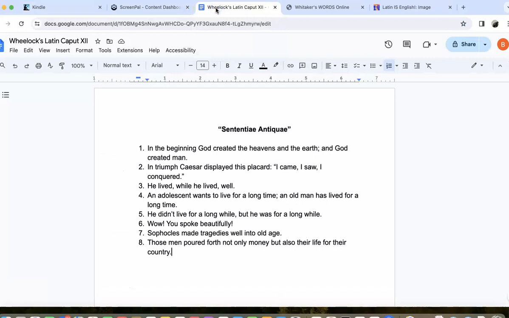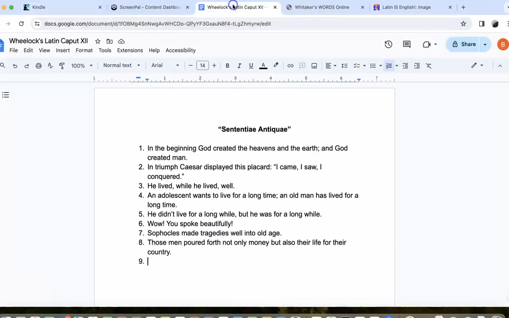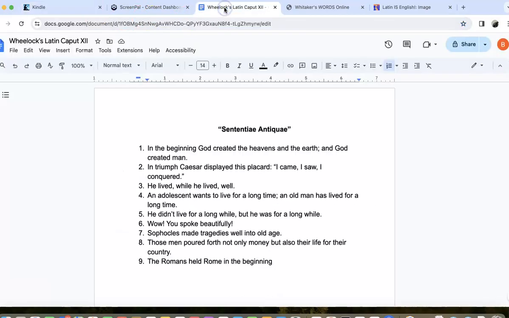So the Romans held Rome in the beginning. And then Lucius Brutus gave liberty to the Romans.